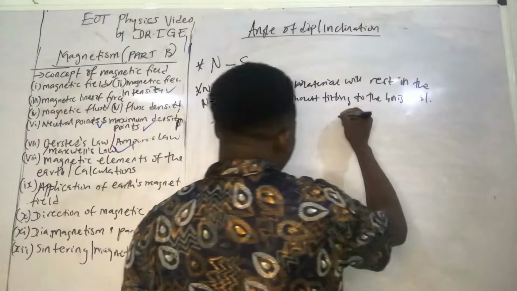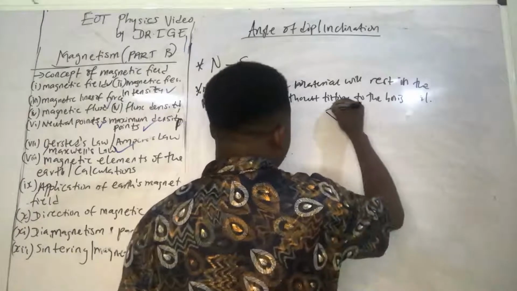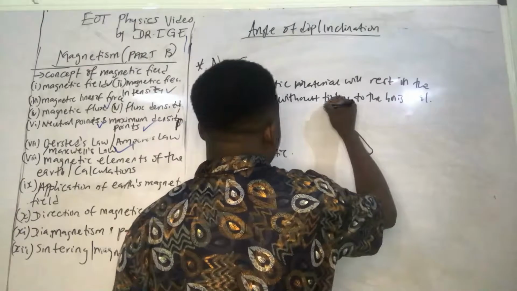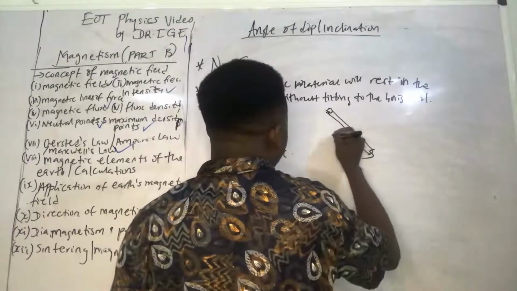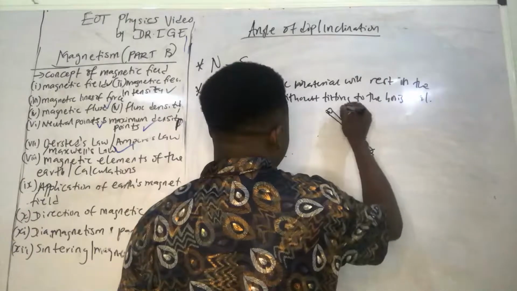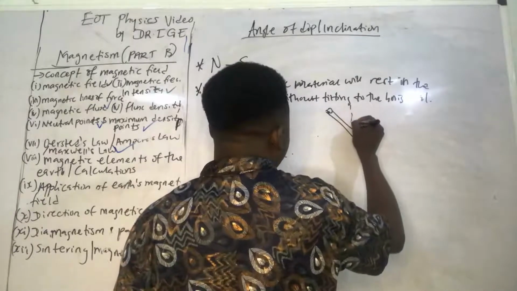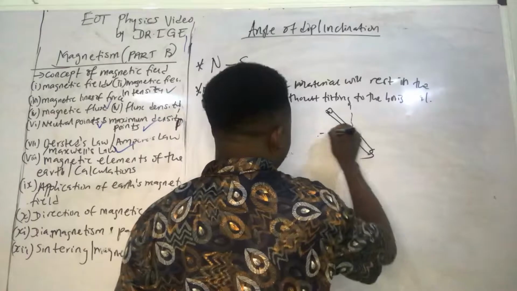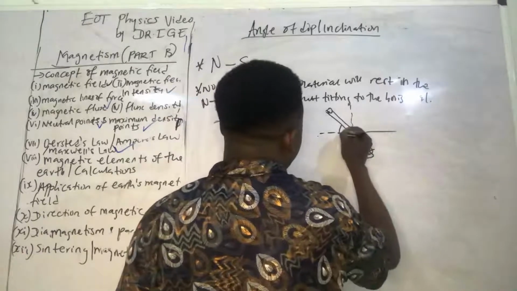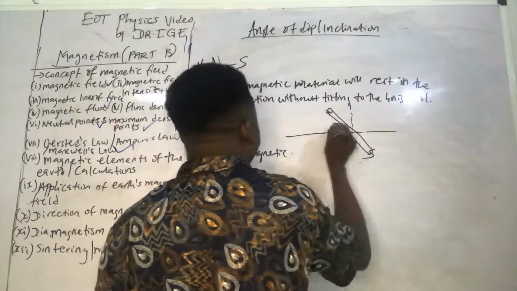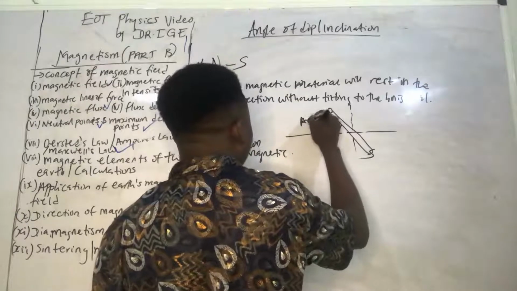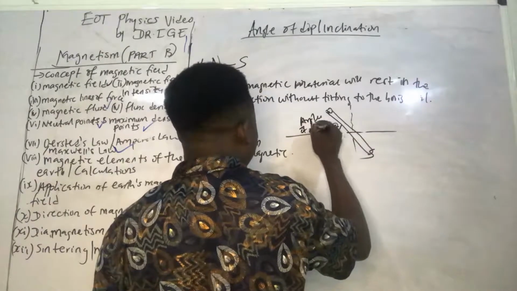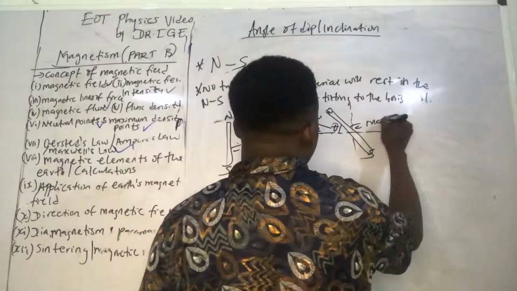A true magnetic material will actually tilt, say north, south, tilted. So let's say this is the vertical, and this is the horizontal. It will actually have an angle of tilt to the horizontal. So that angle of tilt to the horizontal is called what? The angle of the magnetic material.